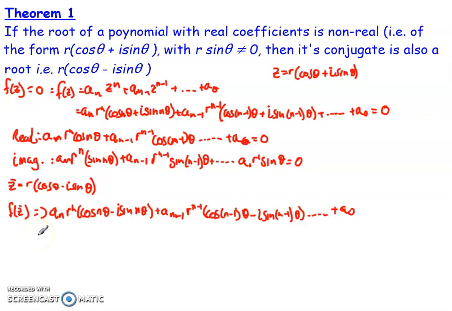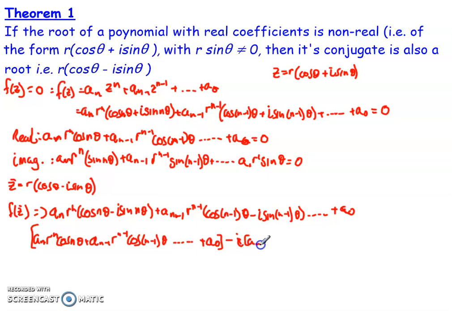So what I'd end up getting is I'd write that as a_n r^n cos of n theta plus a_{n-1} r^{n-1} cos of (n-1) theta. That would then continue on, again all the way down to plus a_0. I'd then have take away i, because I'm just going to take the subtract out as a factor for this one as well.